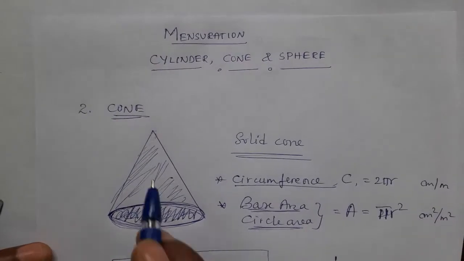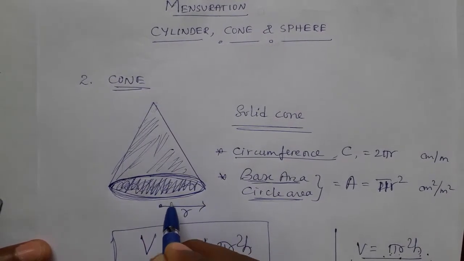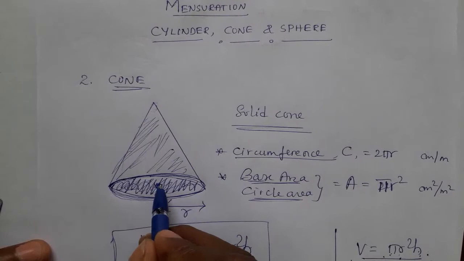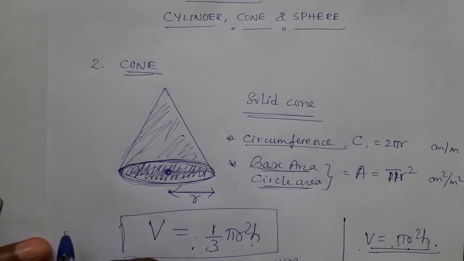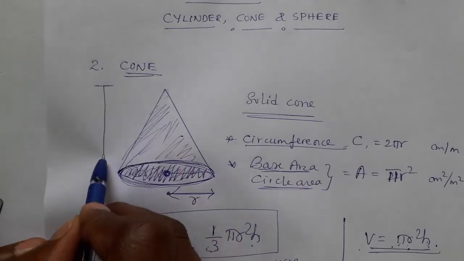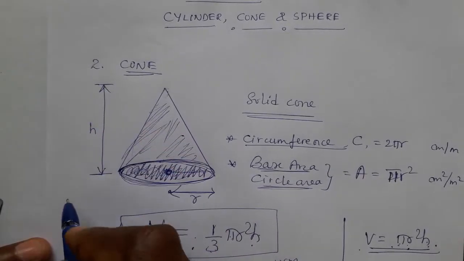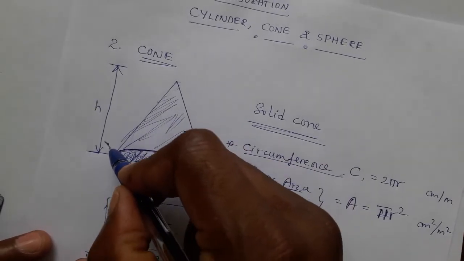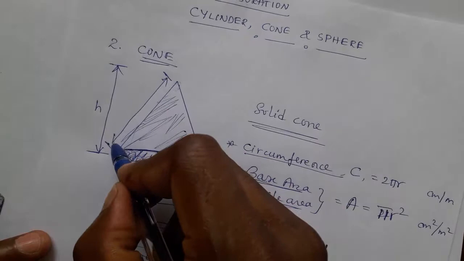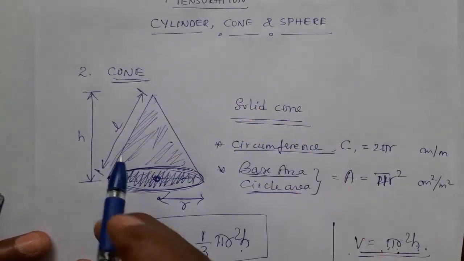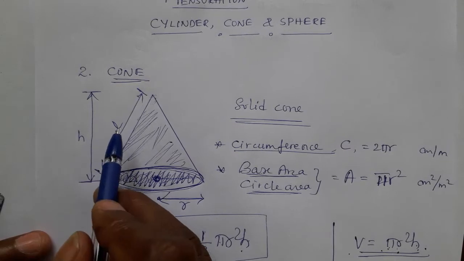Now we come back to the diagram. In the diagram I show the dimensions. This is the radius of the base, from the center to one edge, that is the radius of the cone. Next, this is called the height of the cone. Remember, this is the height of the cone. Next, one more dimension is there in the cone that is not there in the cylinder, that is l. l is not length, don't confuse. l is the slant height.